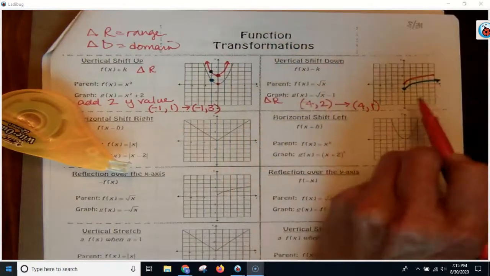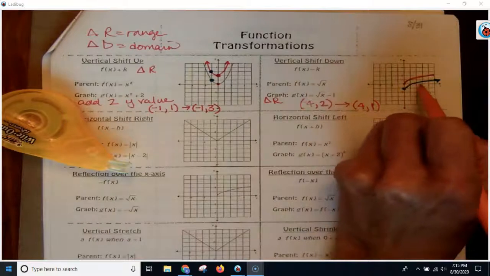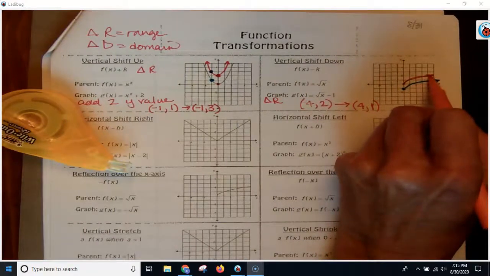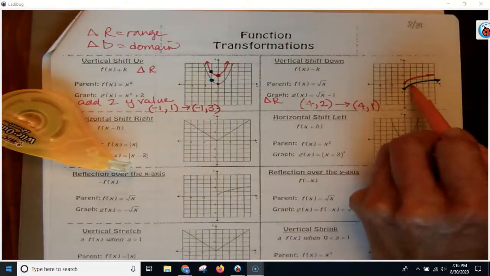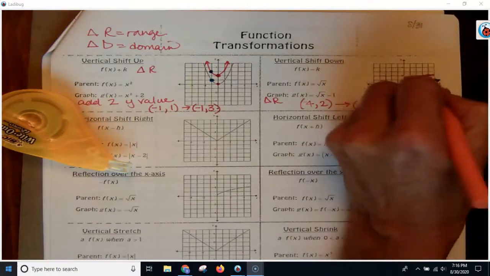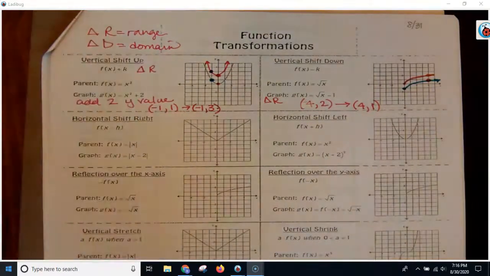We would just take that y and subtract 1. Well, let's look. Over here we have 4, 2, and the new graph we predict would be at 4, 1. And sure enough, it's right there. So that's what we're talking about as far as being able to predict where the new graph is. We're trying to predict it algebraically as well as visually.